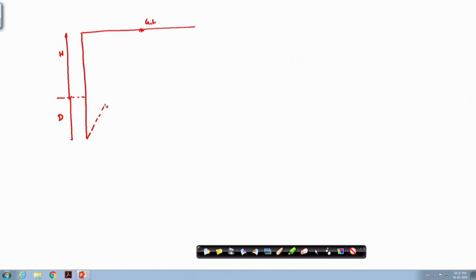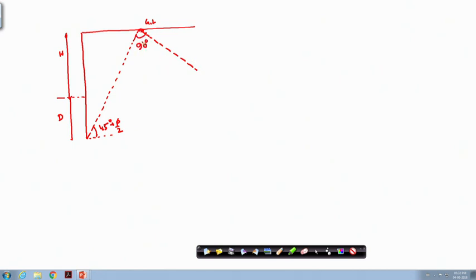I will draw a line at 45 degree plus phi by 2, because this is the active side. So, this will be the failure zone or failure surface. You cannot put the anchor in this zone. And then you draw a 90 degree line here.